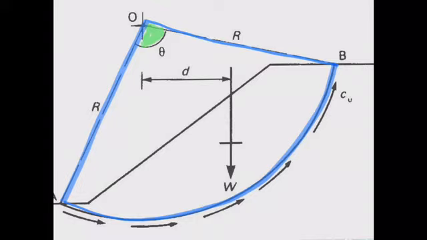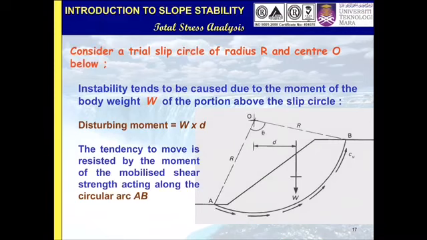Then d is the distance from O, where we take moments. The distance must be perpendicular to the force. The resistance force is along the arc line AB, so the distance from the resistance force is R. OA is the radius, OB is the radius, and O to any point on the arc line is also R.